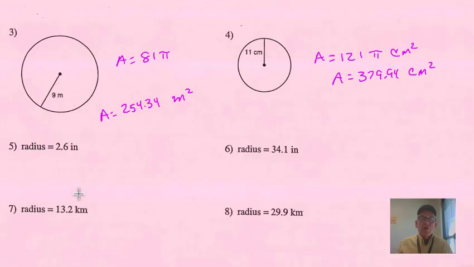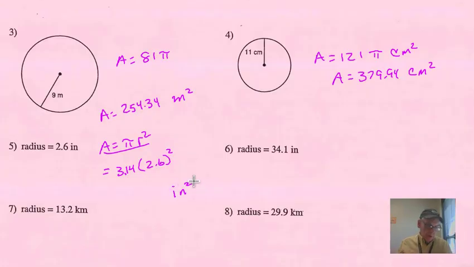Okay, here they're not giving us a picture, but they are giving us the radius. So again, area is pi r squared. So r is 2.6. So this is going to be 3.14 times 2.6 squared. And we're going to have inches squared for our units for our answer.